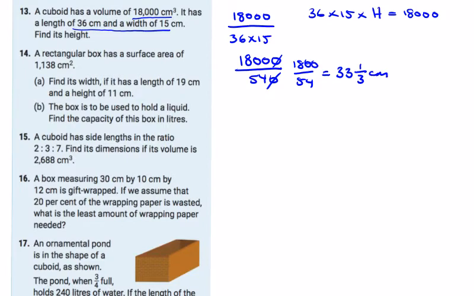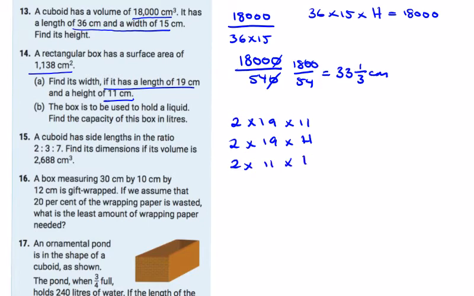Question 14, a rectangular box surface area. Find its width if it has a length of 19 and a height of 11. So we know that if we multiply 2 by 19 by 11, and we multiply 2 by 19 by this length, we'll call it h, and if we multiply 2 by 11 by h, they're the only three things that we can do. 2 by 19 by 11, so 38 by 11 is 380 and 38, which is 418.